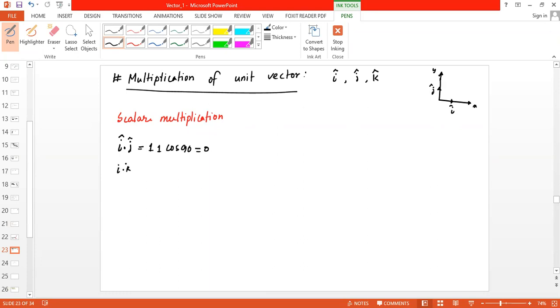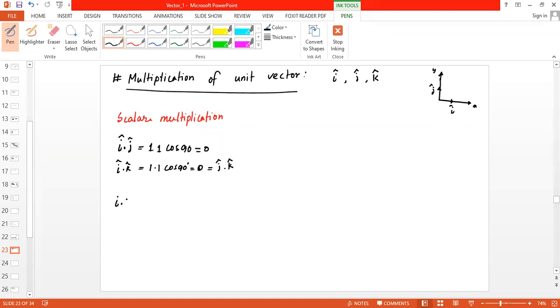i dot k will again be 0: 1 times 1, and the angle between i and k is 90 degrees, so it equals 0. And the same thing you are going to get for j dot k. So if you multiply two different unit vectors by a dot product, the result will be 0.